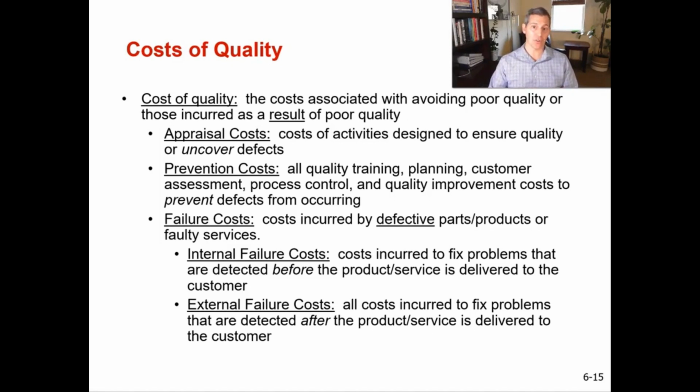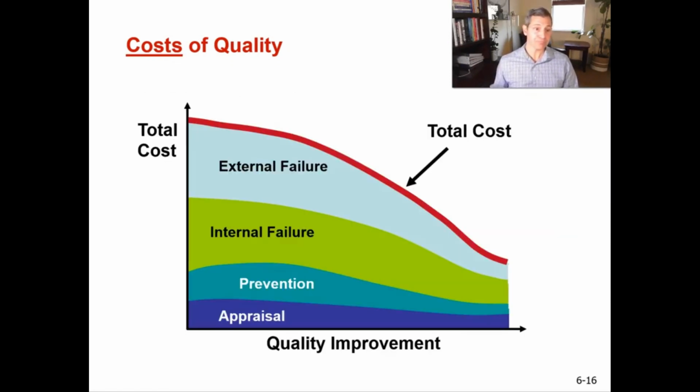So that's an external failure cost. So those are the four costs within the costs of quality: appraisal costs, prevention costs, internal failure costs, and external failure costs. Now, not all costs are created equal.